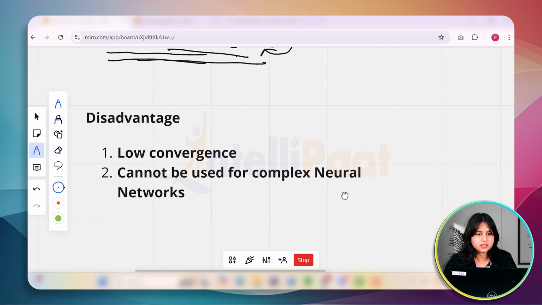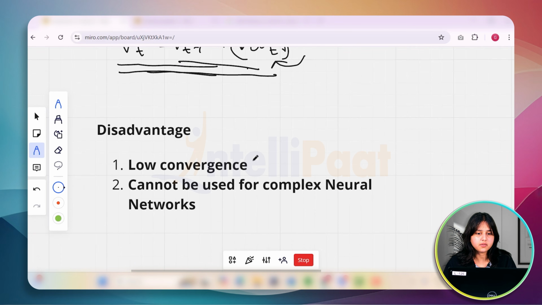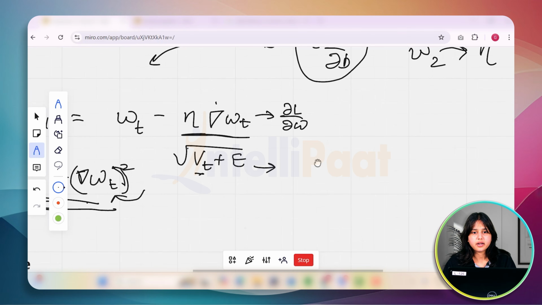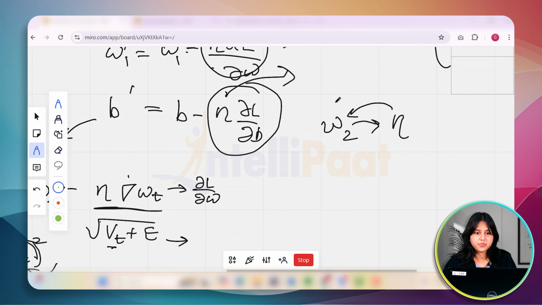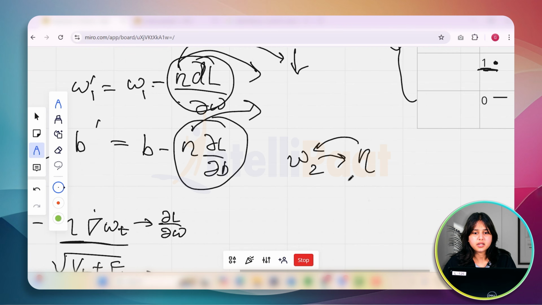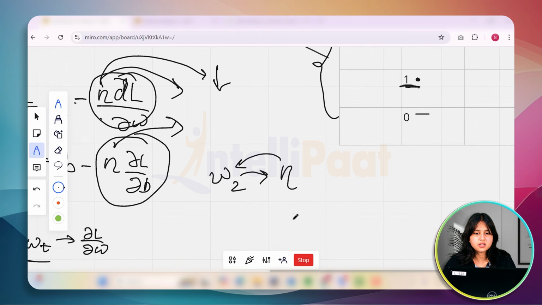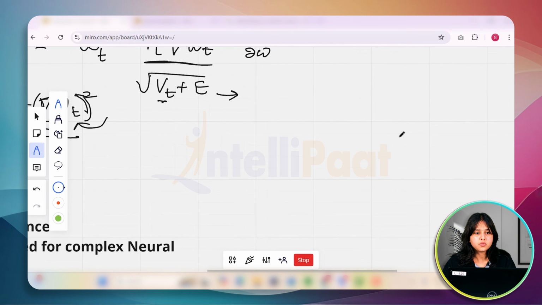Let's look at the disadvantages of AdaGrad. It has slow convergence. As we've already discussed, it decreases the learning rate. As it sees that the updates are getting bigger, it will decrease the learning rate. So as we move forward, our learning rate keeps decreasing.